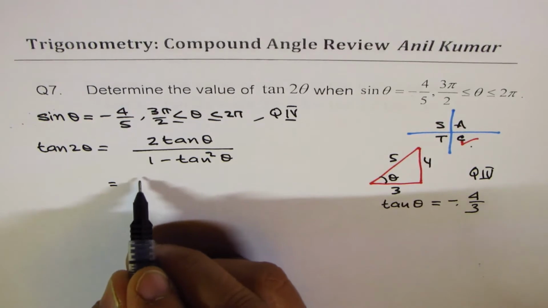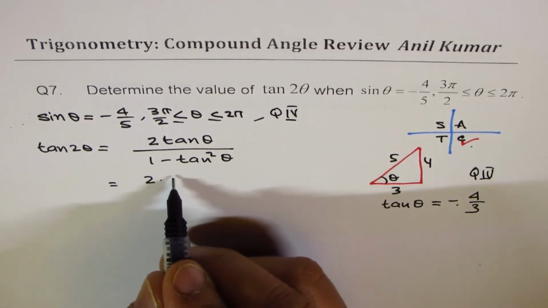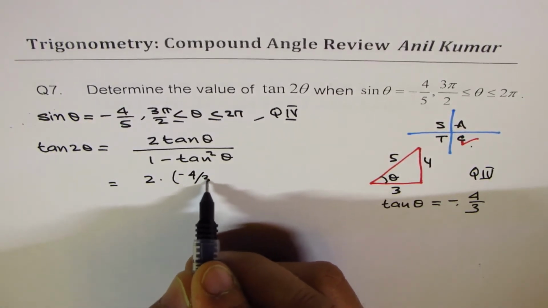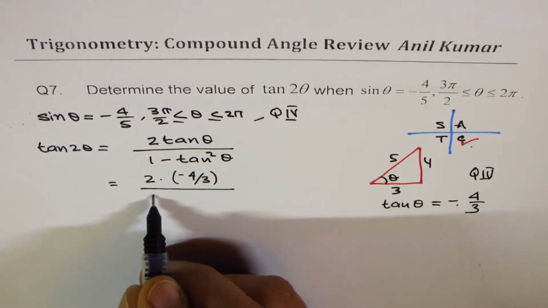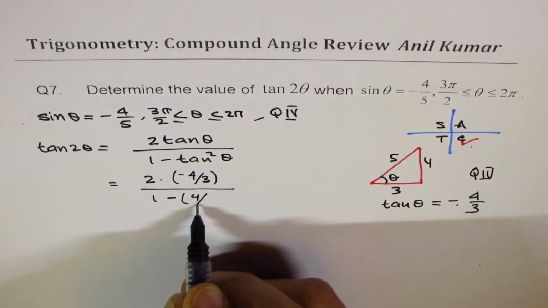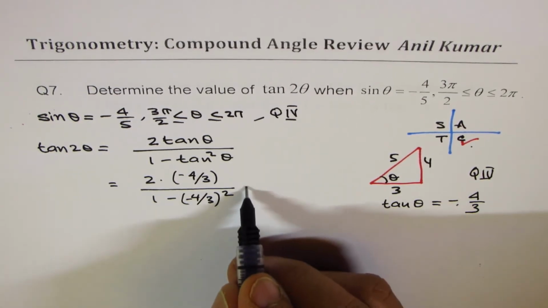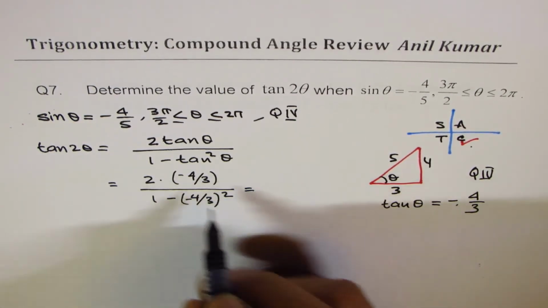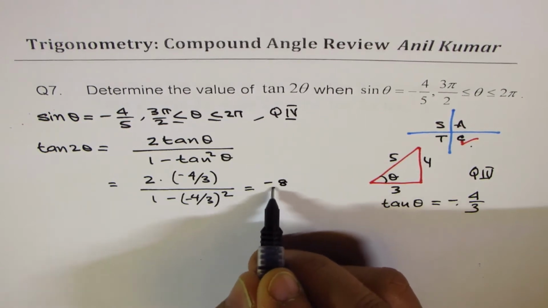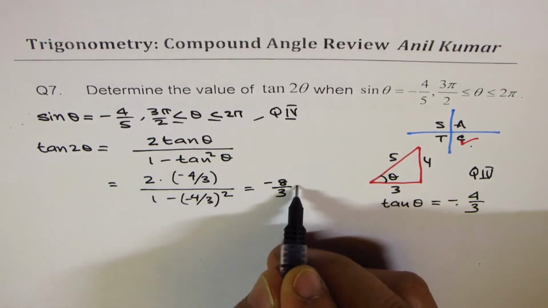So tan 2 theta could now be written as 2 times minus 4 over 3 over 1 minus minus 4 over 3 whole square. It becomes positive, of course. So that gives you minus 8 over 3 for the numerator.